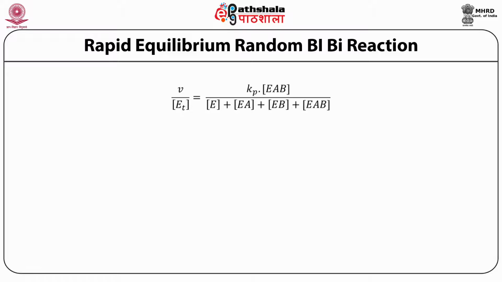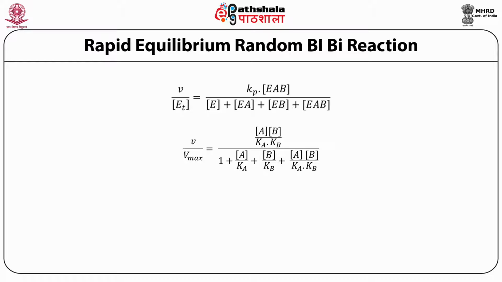When you solve this, putting the value of EAB in the equation, removing Kp, and solving in a similar fashion as we did for the single substrate reaction, which is discussed in the other module, then the final equation is V upon Vmax is equal to the concentration of A, the first substrate, times the concentration of B, the second substrate, divided by Ka, the dissociation constant of the first substrate, times Kb, the dissociation constant of the second substrate.